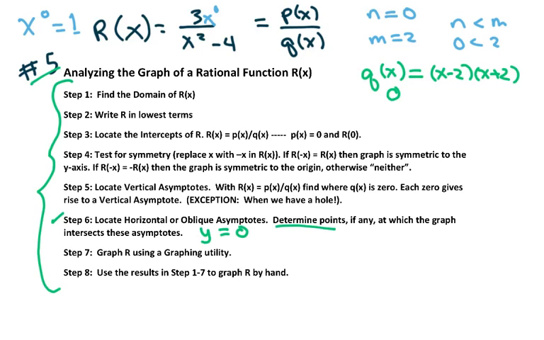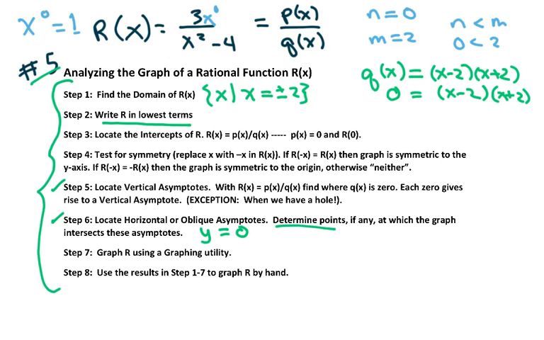So we set that to 0. You get all real numbers, but x cannot be 2 and negative 2. So I'm just going to write plus or minus 2. Our function is already in lowest terms. We can't reduce it. So let's go to step 5.